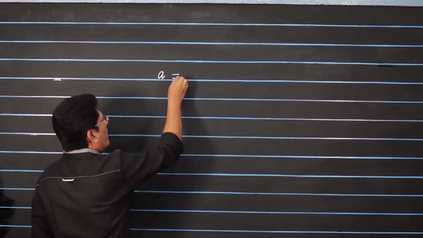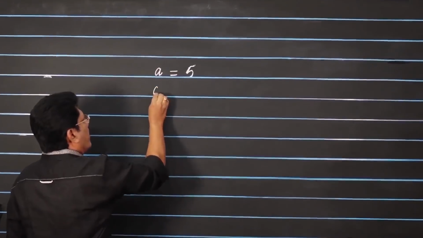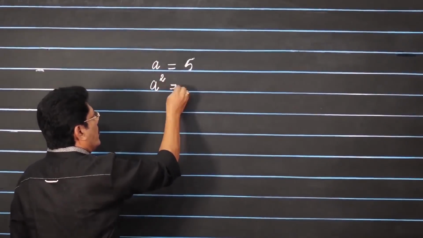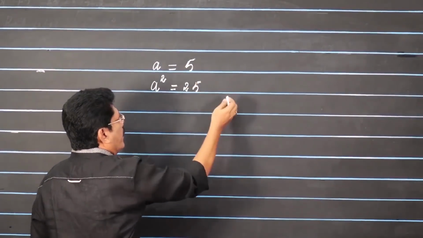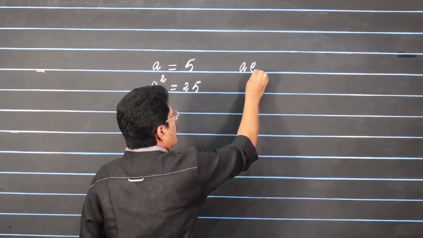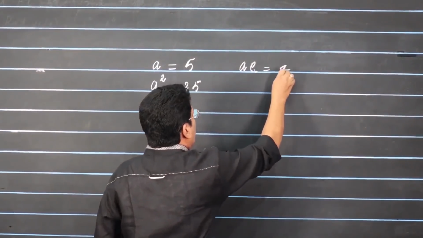A is equal to 5. A squared is equal to 25. AE is equal to 4.